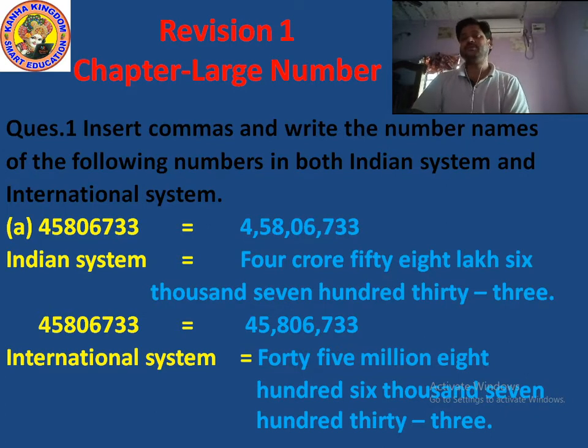Now ones period is complete. Now move to thousand period, and in thousand period there are 2 places. Which are they? 1000 place value and 10,000 place value. It means only 2 places in thousand period. So now your thousand period is also complete. Now move to lakhs period.